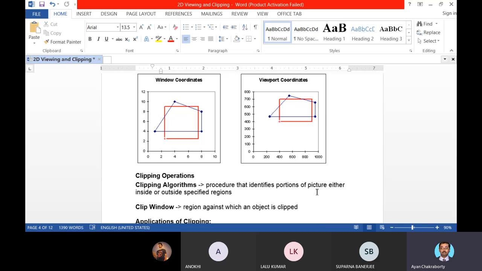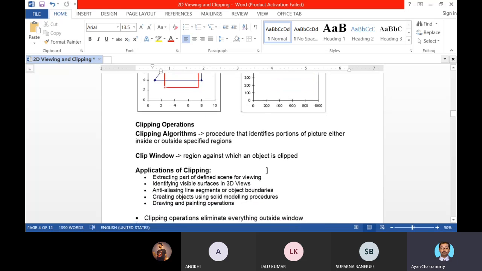These outside portions should not be visible to the viewer, so they should be truncated or omitted. Here we need the clipping operation. Clipping algorithms are a procedure that identifies the portion of the picture either inside or outside a specified region.